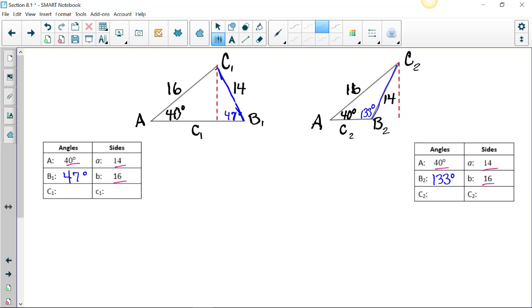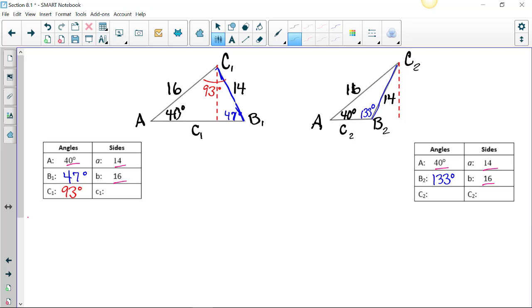What will be different is now angle B here is 47, so angle C in my first triangle is going to be 180 minus 40 plus 47. So this angle is going to come out to be 93 degrees. And then you would finish solving, meaning you'd find C1.